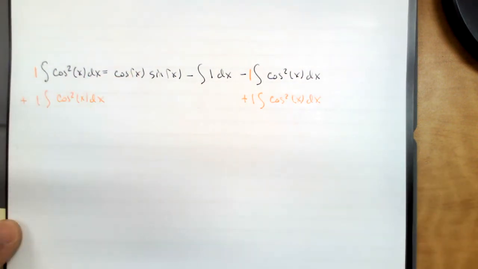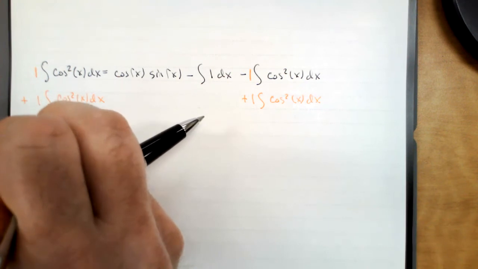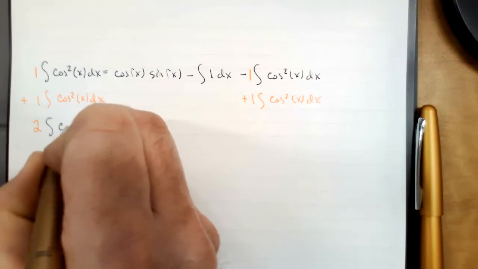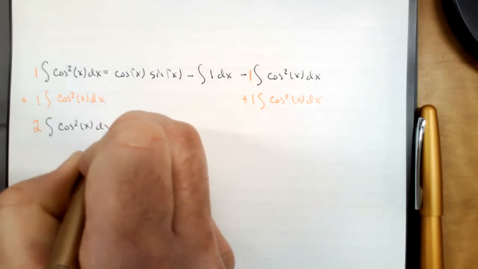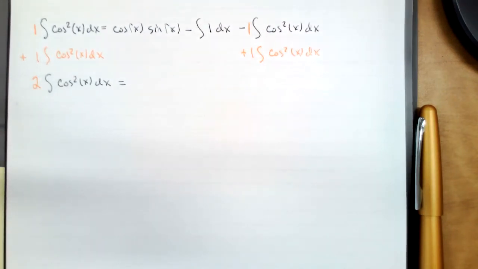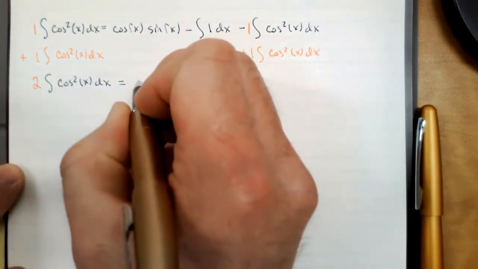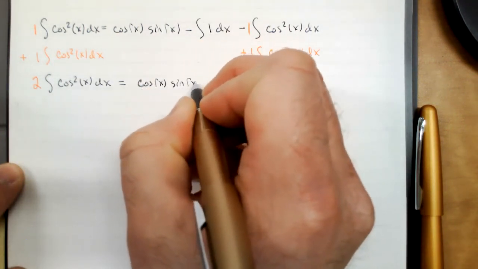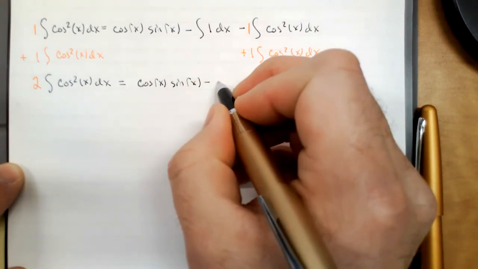And so on the left, we'll have two copies of the integral of cosine squared. This is the strategy. That's the strategy when the original integral appears in the secondary. Then we have cosine x sine x. The integral of 1 dx is x.